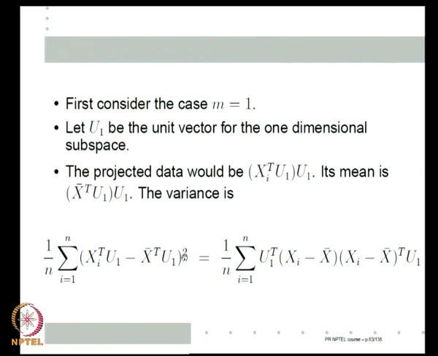It is 1 by n, sum over i equal to 1 to n, of xi transpose u1 minus x bar transpose u1, whole squared. This is 1 by n, sum of u1 transpose xi minus x bar, into xi minus x bar transpose u1. We already know that 1 by n, sum of xi minus x bar into xi minus x bar transpose is S. So this is u1 transpose S u1.